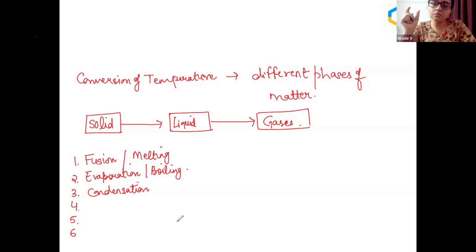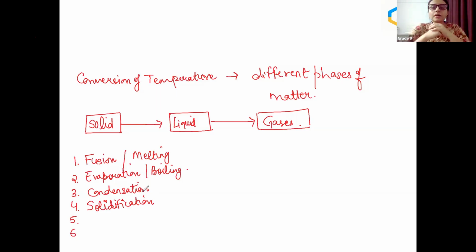Have we learned this term? Just let me know, because I think solidification was not mentioned. Anyway, I can mention it. No? Okay, so liquid to solid is solidification.